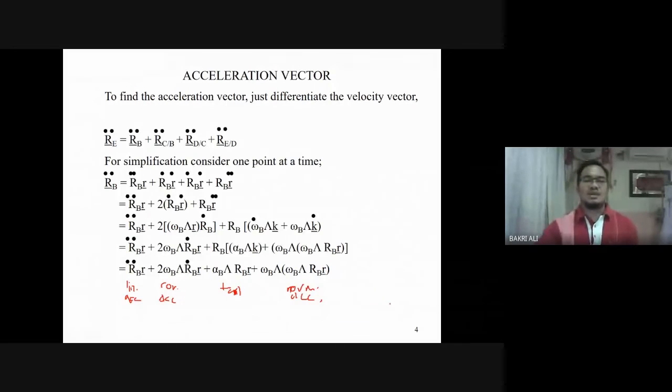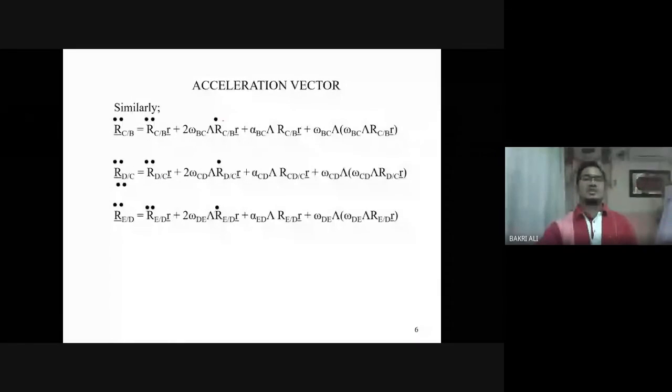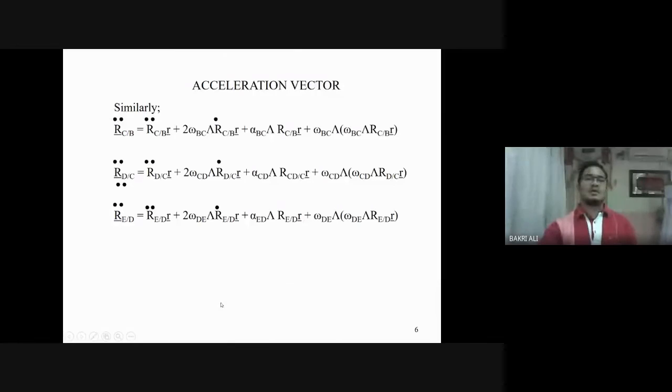Then we just need to add up all of these to get the final acceleration. So r_C/B is given by four terms: r_C/B double dot r plus 2 omega_BC cross r_C/B dot r, alpha_BC cross r_C/B r, omega_BC cross omega_BC cross r_C/B r.